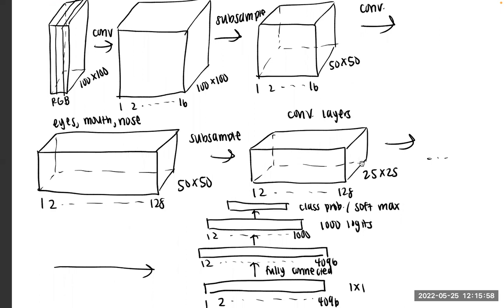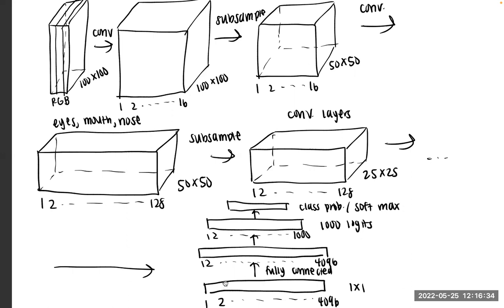Eventually, if you keep doing the subsample, you are going to get a map that is 1 by 1. When the map becomes 1 by 1, you have a single vector. At the convolutional layer, you have one vector at each position, but at this point, when the map becomes 1 by 1, you have a single vector representing the whole image.